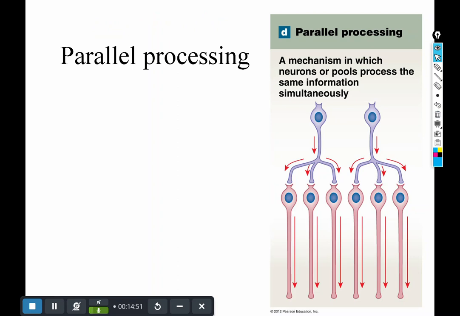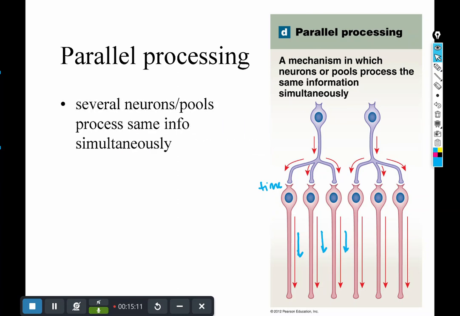Parallel processing is kind of the opposite of serial. So instead of one after another, we've got the initiation of multiple action potentials at the same time. So time is a factor here. And all of them are in parallel to each other, as you can see from these parallel arrows. So sometimes these kinds of neuronal pools that use parallel processing are part of redundant systems where there's some information, typically afferent information, and this information could be used in more than one way.